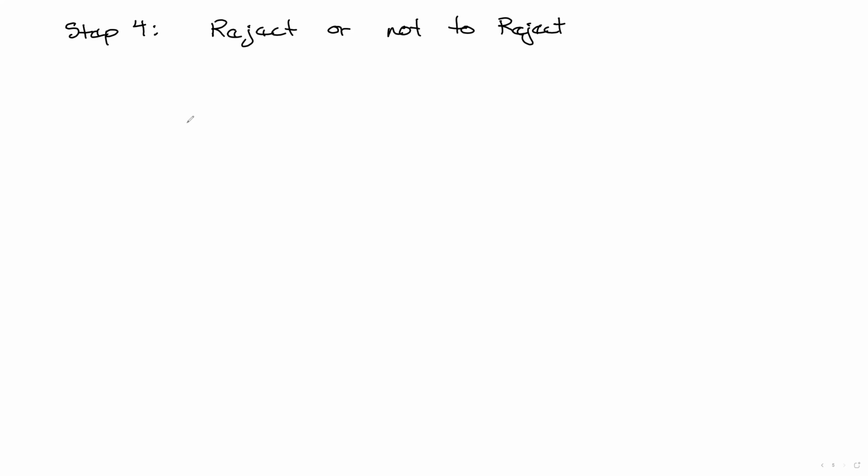And so at the end, because the null hypothesis, because we're assuming that it's true, we're defaulting that that's true. As a result, when we get to step 4, our result is focused on the null hypothesis.